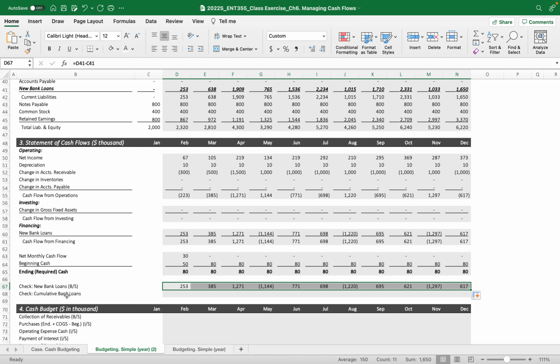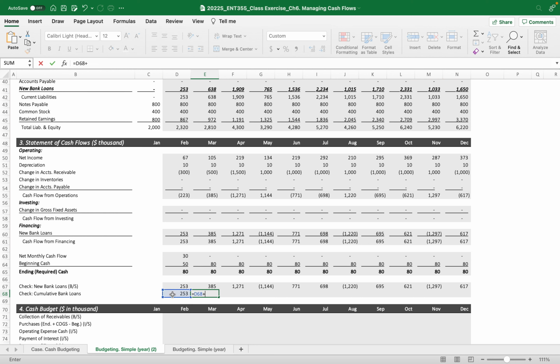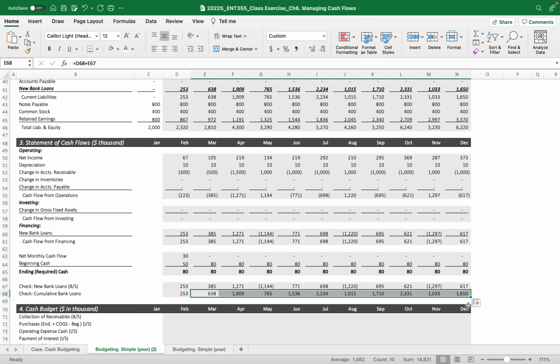The cumulative amount should also be the same as this new bank loans amount. How to get it? We start from here and add the new additional funding, and then we get the cumulative bank loans, which is the same as the new bank loan amount here.